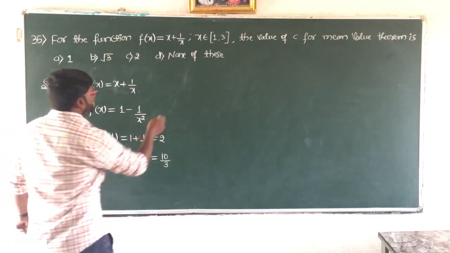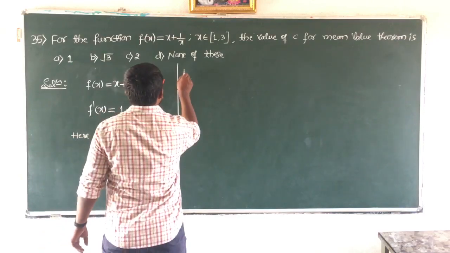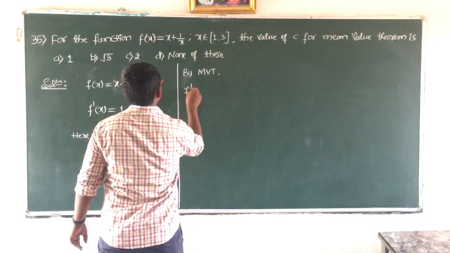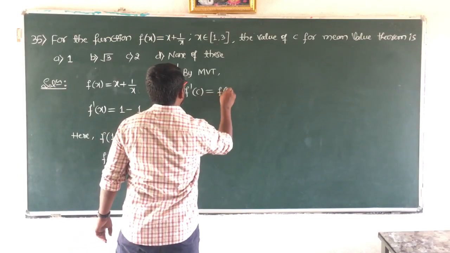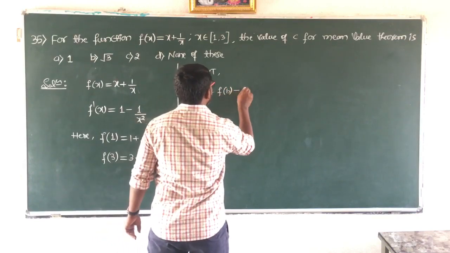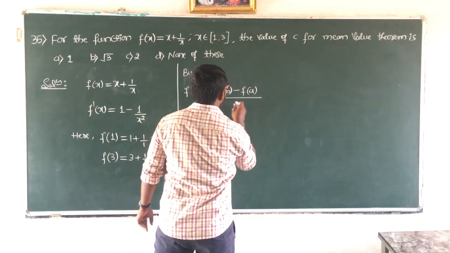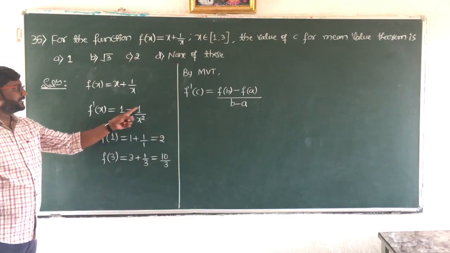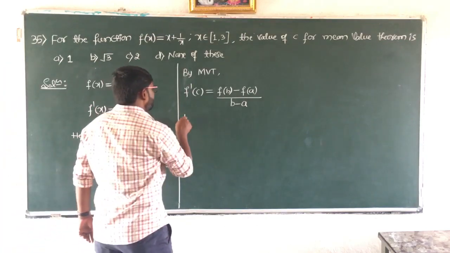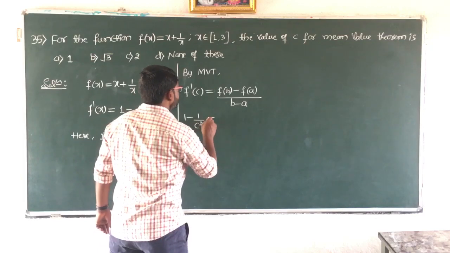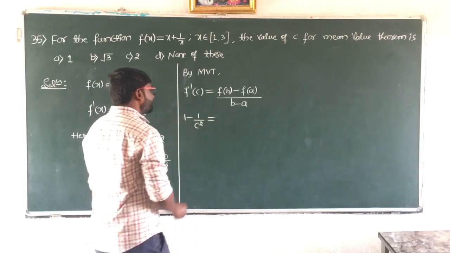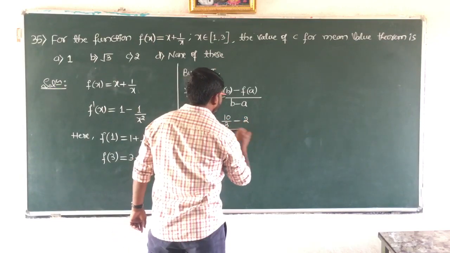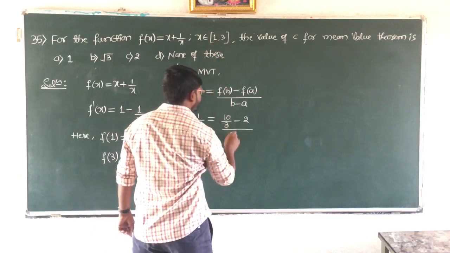Now let us go for the standard formula. By MVT, f dash of c is equal to f of b minus f of a divided by b minus a. F dash of x is 1 minus 1 by x square, so f dash of c is 1 minus 1 divided by c square, which is equal to f of b, 10 by 3, minus f of a, 2, then whole divided by b minus a, 3 minus 1.